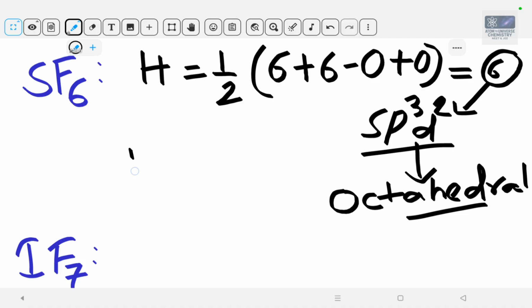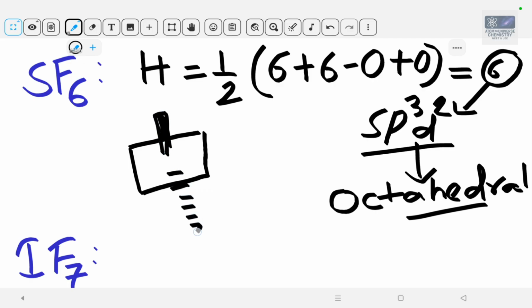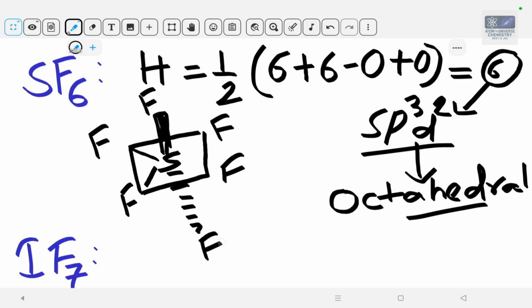It is basically square planar along with above and below. So sulfur is in the central position, 4 fluorine atoms are in 4 corners, 1 fluorine is above and 1 fluorine is below. That very structure is known as octahedral structure.